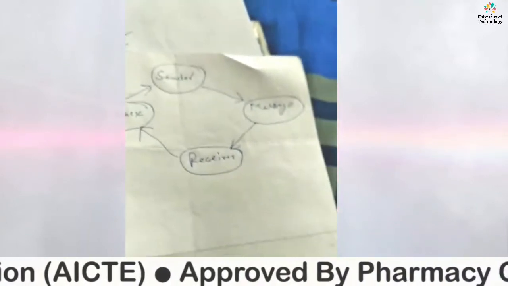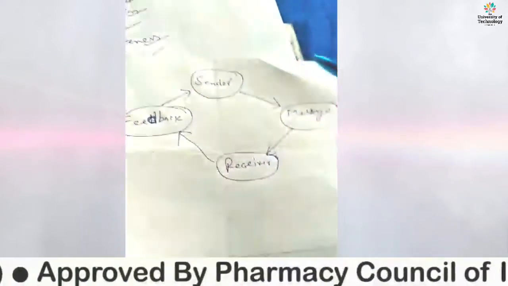So this is the process of communication: sender, message, receiver, and feedback.